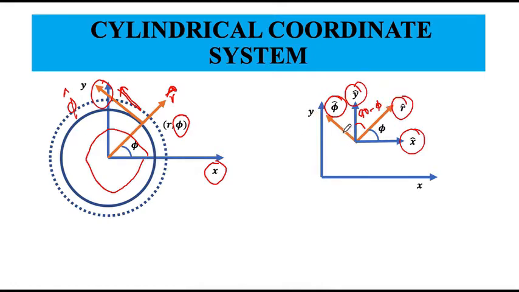And what is the relation? I know that any vector in this particular xy plane can be expressed in terms of xy unit vector. So now I can write down r vector as something times x vector plus something times y vector.